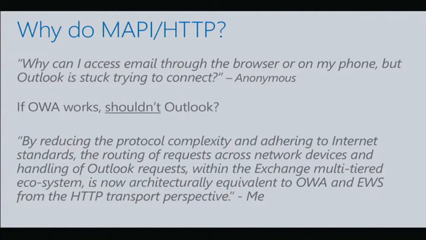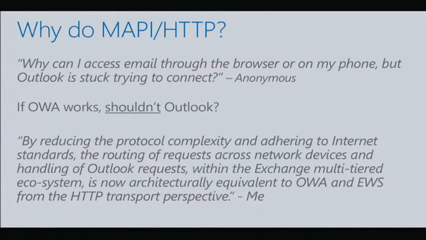So why do we want to do MapiHttp? We hear a lot from people: why can I access email through the browser or my phone, but Outlook is stuck trying to connect? Architecturally, even though it's RPC over HTTP, it flows a very different path through Exchange, into Exchange, through our multi-tiered system.